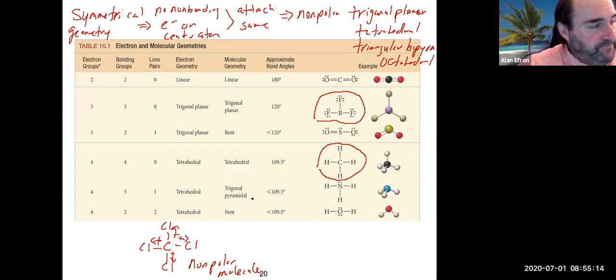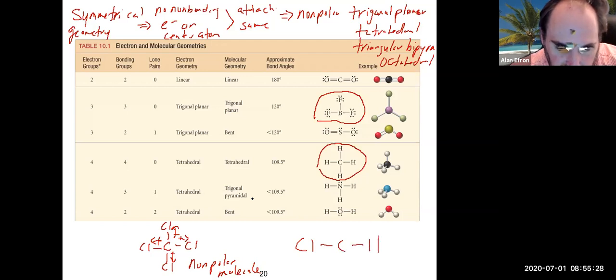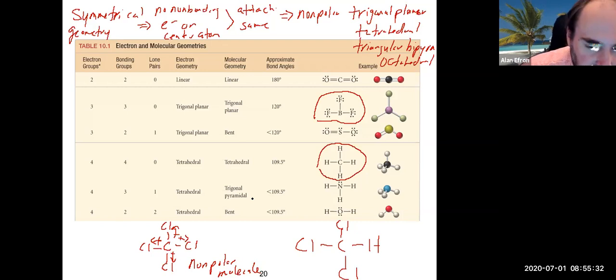Now, if we take one of those guys off, for example, and we put a hydrogen in its place, we still have those polar bonds heading this way, this way, this way. Not accurate, not drawn in three-dimensional space. But now the carbon-hydrogen bond actually is a non-polar bond.